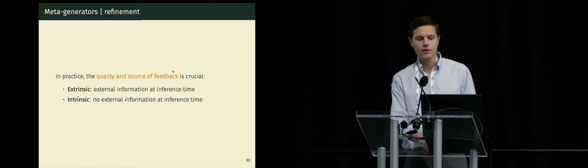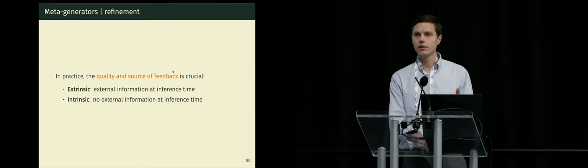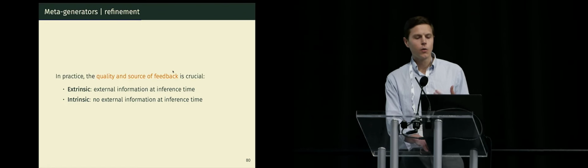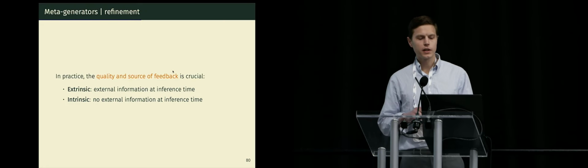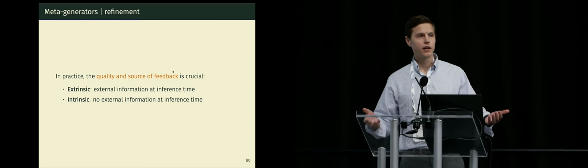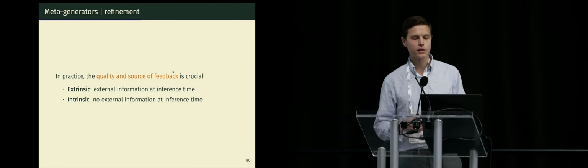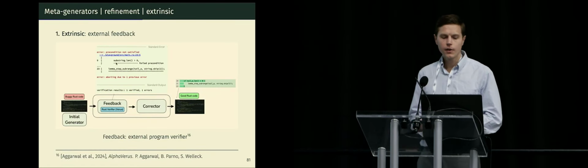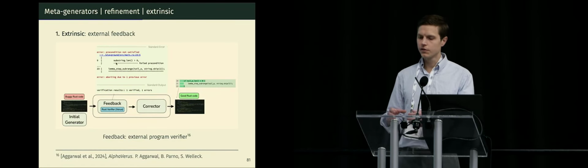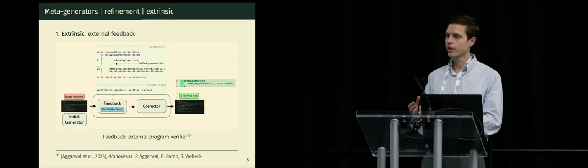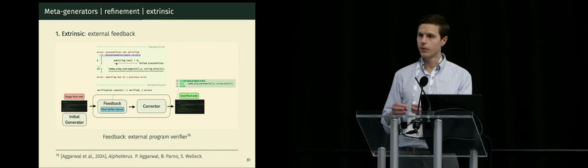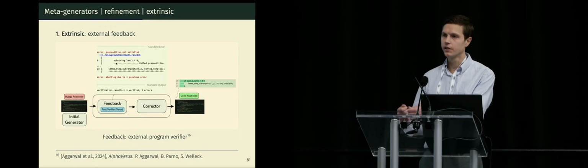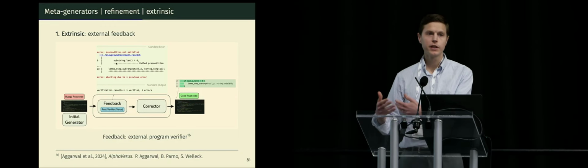You can think about the feedback in two different categories. One is whether you have external information at generation time. Those are called extrinsic methods. The other is if you try to build one of these refinement or self-correction systems using just a single model, so you're just reprompting it to give its own feedback and then regenerate.